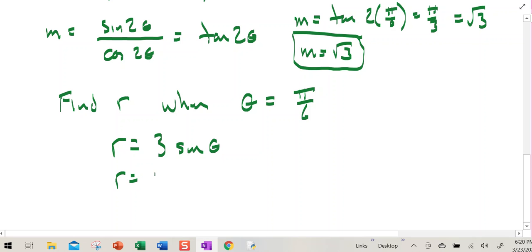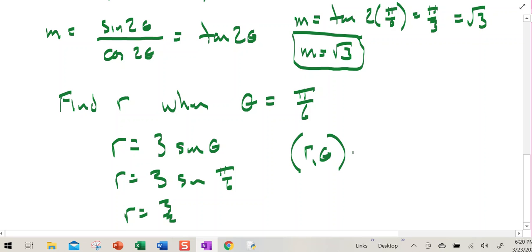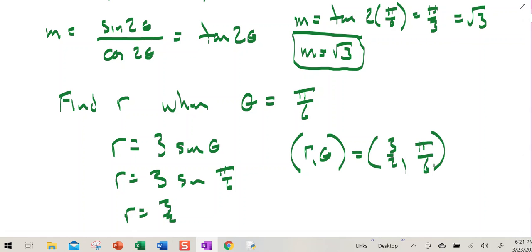So r is equal to 3 times the sine of pi over 6. So r is 3/2. Now what we have then is a point in polar coordinates. Our polar coordinate point, r theta, is now 3/2, pi over 6.